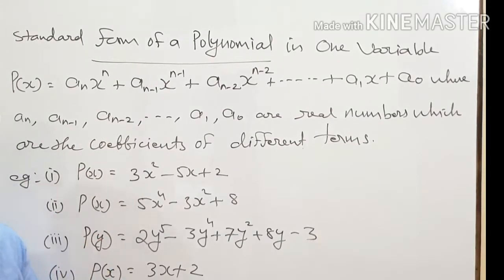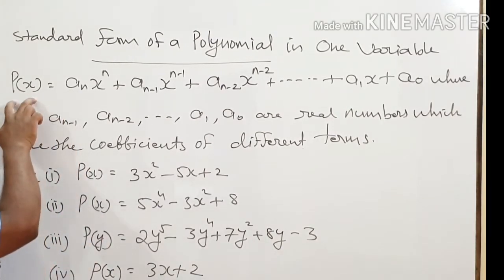Here this is a polynomial in one variable and the variable is x. Therefore, the polynomial is denoted by p of x.